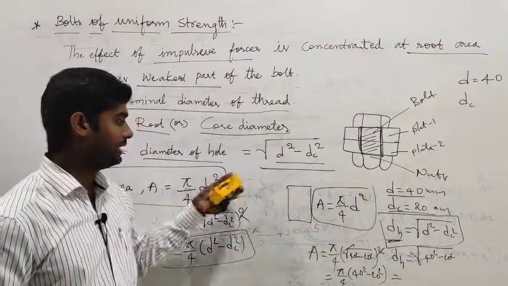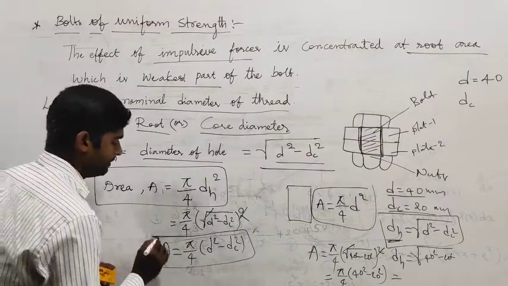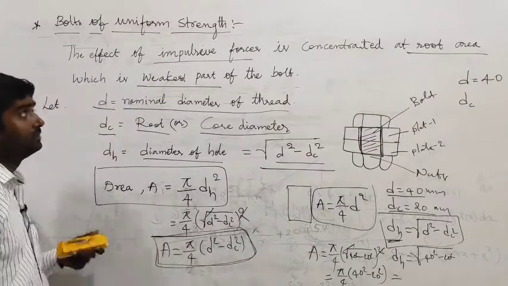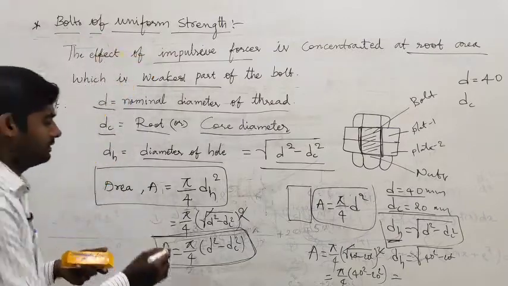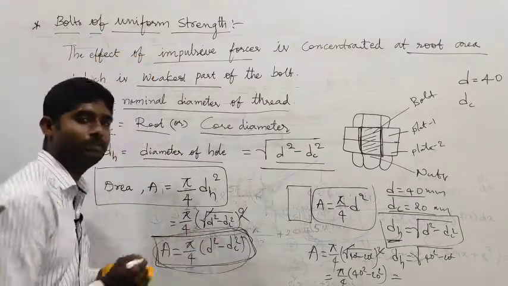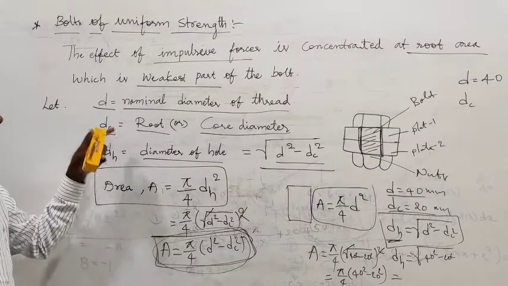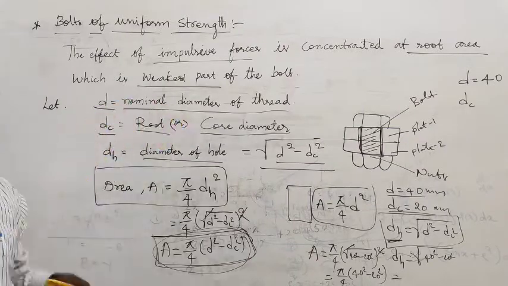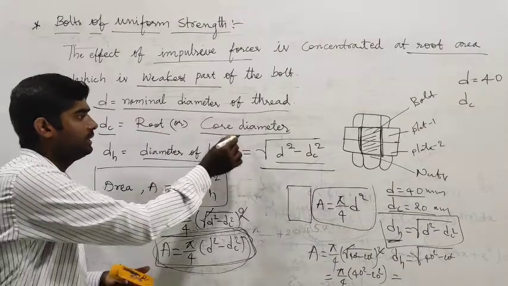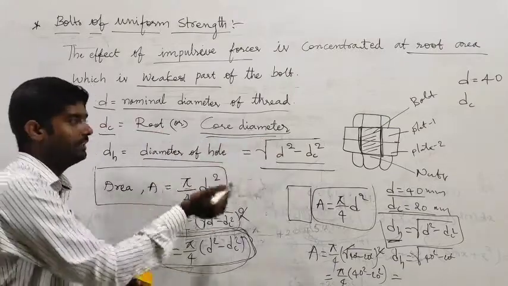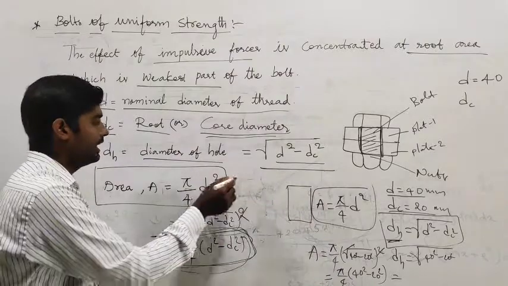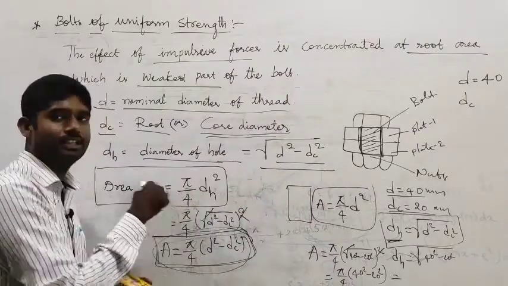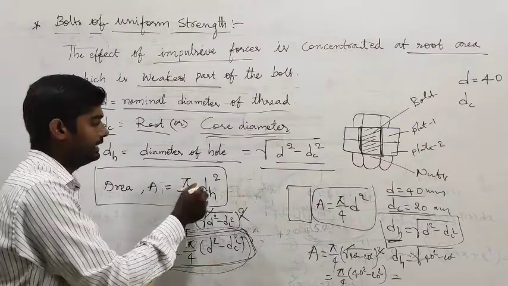Okay, this is the formula usage. For bolts of uniform strength, the area depends on the uniform strength in this bolt. D is the nominal diameter, DC is the core diameter. First find the diameter of the hole, then substitute the diameter of the hole in the area formula, pi by 4 DH square.